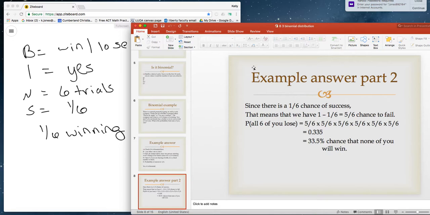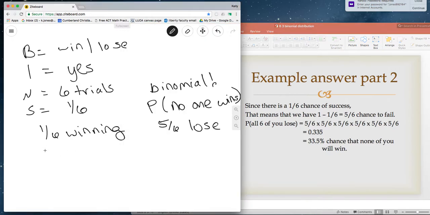All right, so we said there's a 5 in 6 chance that you fail. So what's the probability that all 6 of us lose? Well, we just multiply it. So if I lose times my friend loses times my second friend loses and my third friend loses and my fourth friend loses. 1, 2, 3, 4, 5. One more. And then we can do this on the calculator. You don't need to do this.